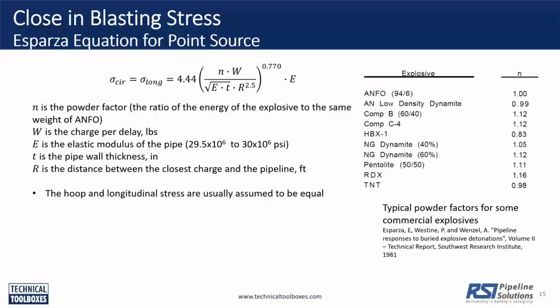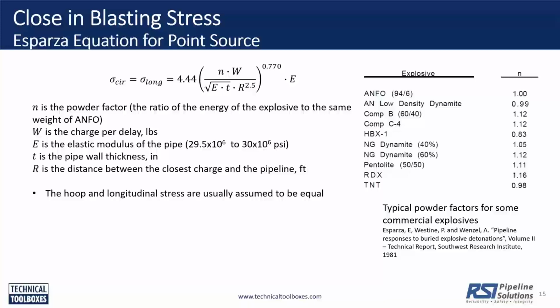So to normalize them, people have come up with an N factor. N is equal to 1 for ANFO 94.6, right? So all the other explosives relative to ANFO either have more or less energy. When they get exploded, they release either a little bit more or a little bit less energy. And that N factor is used to normalize all the different types of explosives.